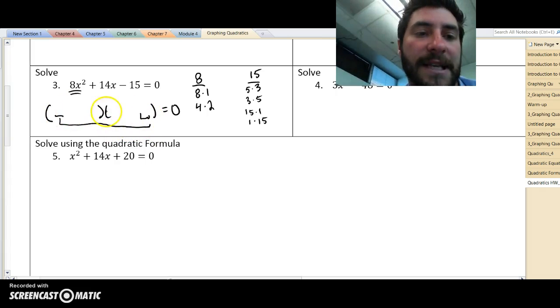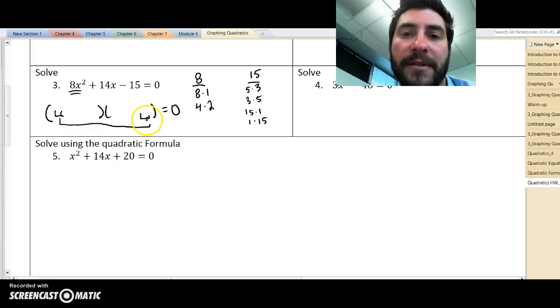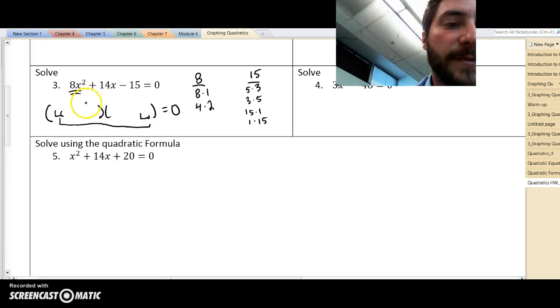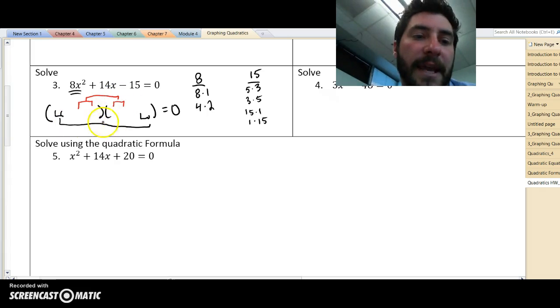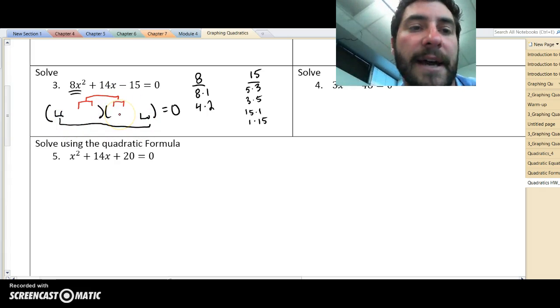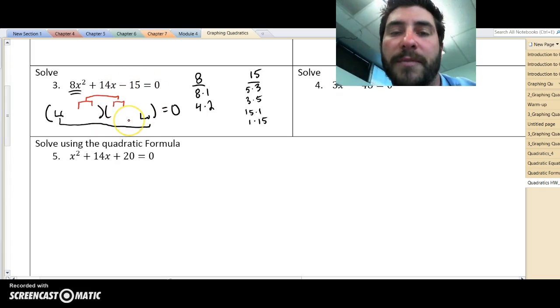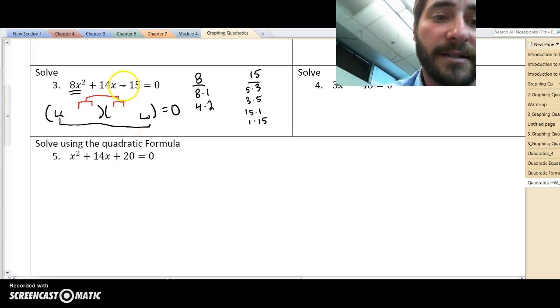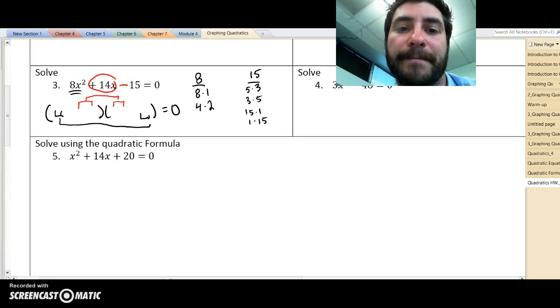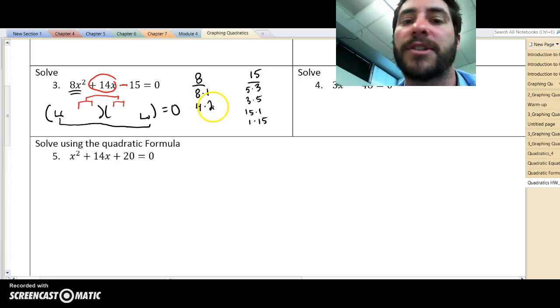So the outsides, the terms on the outside, when we multiply those by the terms on the inside, these inside terms, when we multiply these together, and these, the outsides and the insides, we're looking for the terms that subtract to make 14x's. Alright, so let's just try some.